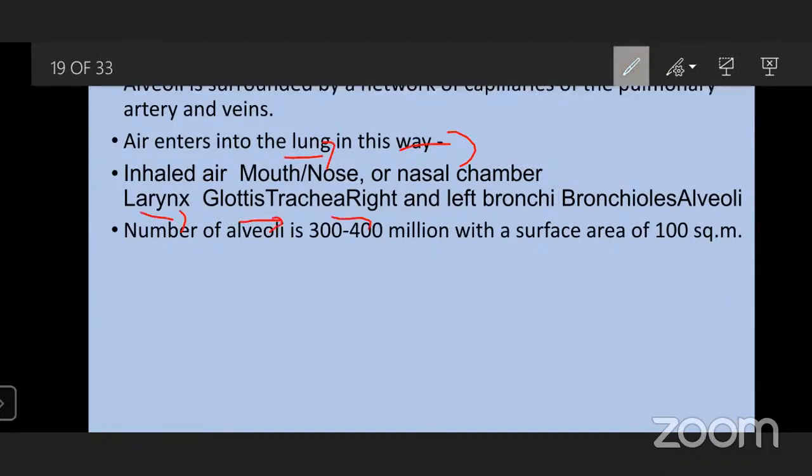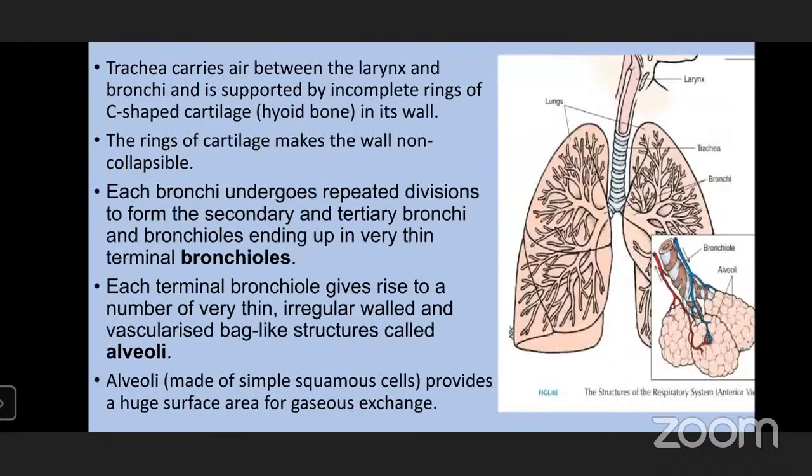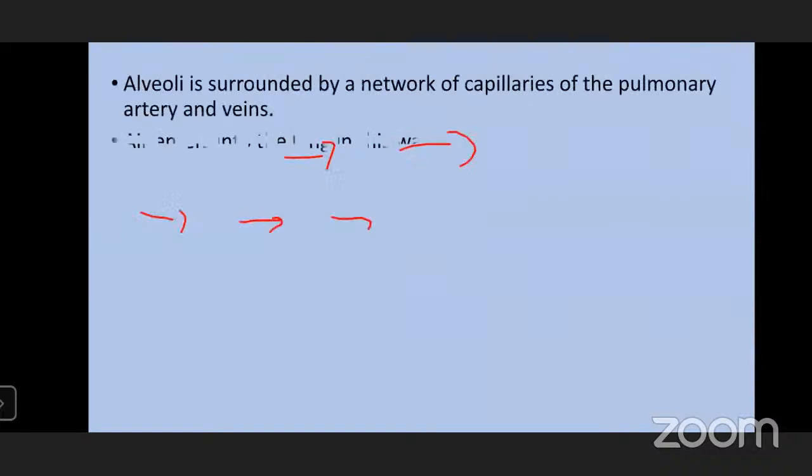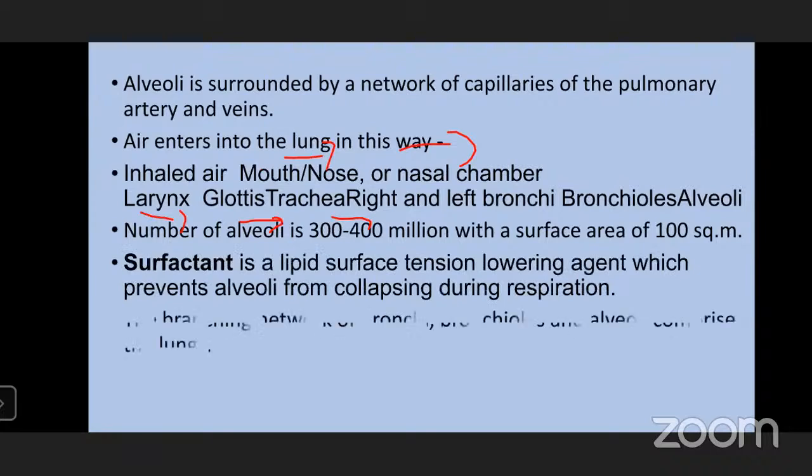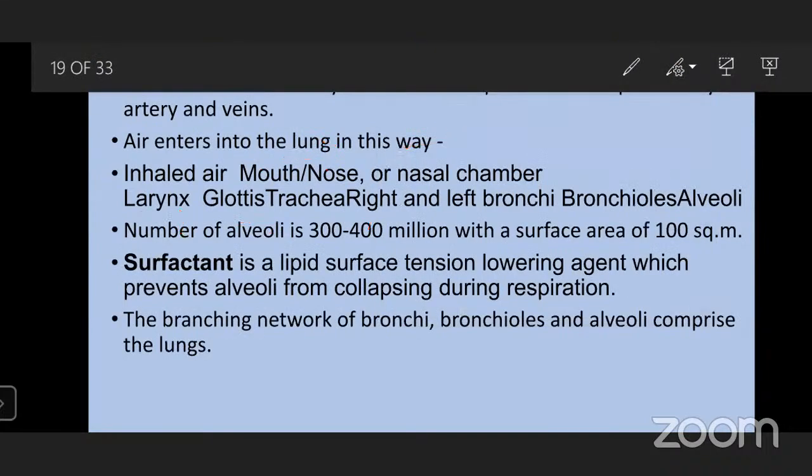If you see the diagram here: nasal chamber, larynx, trachea, primary bronchi, secondary bronchi, bronchioles, and then into the alveolus or the alveolar sacs. So this is the passage of air in the respiratory tract.